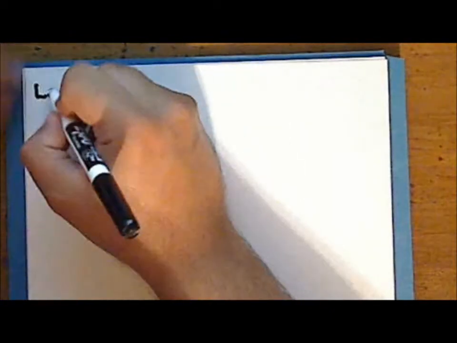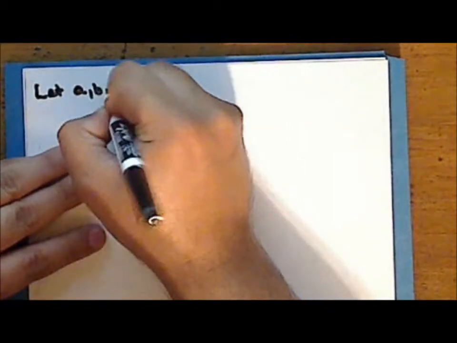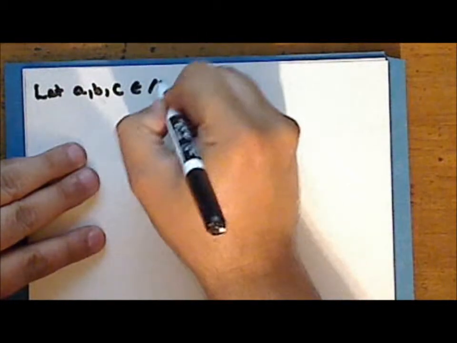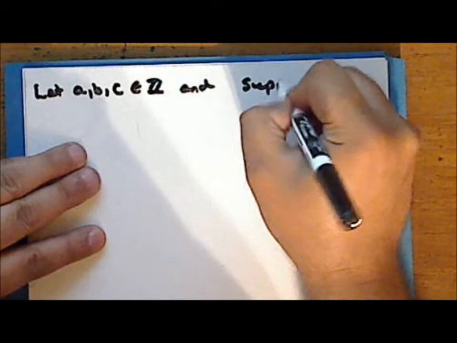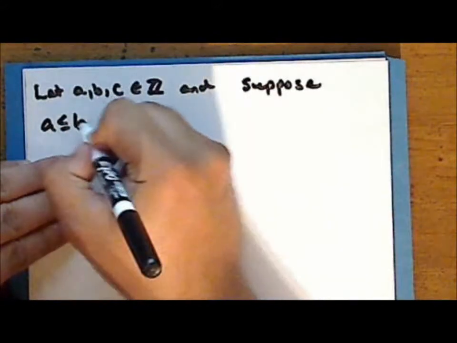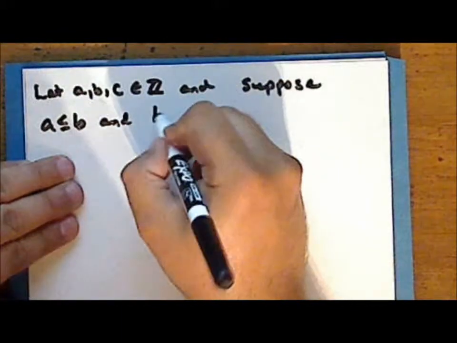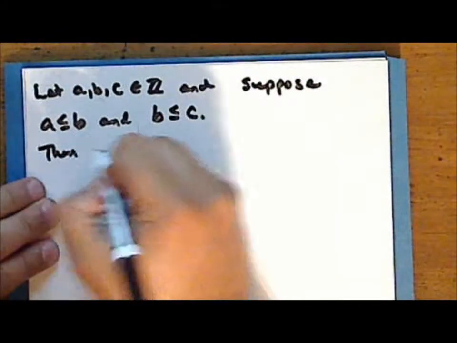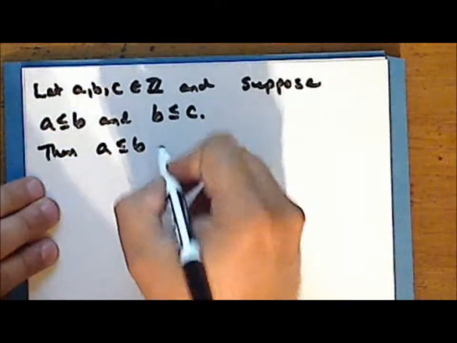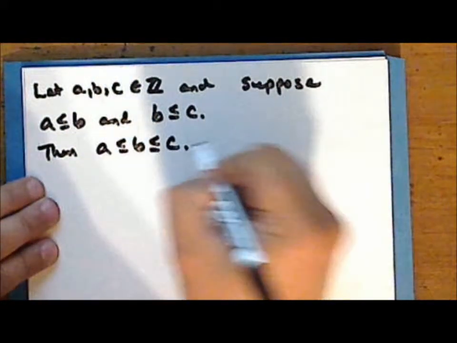So now let a, b, and c be three integers, and suppose that a is less than or equal to b, and in turn b is less than or equal to c. Then a is less than or equal to b, which again in turn is less than or equal to c.